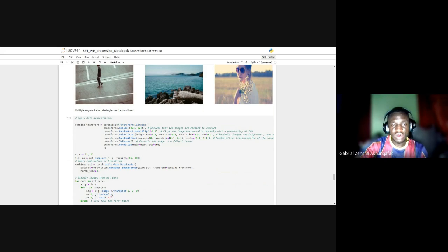It will be very common to see the first of the transforms being the resize transform. As I mentioned, this is to ensure that your input shapes match the input of your model. And you could have some other transforms like the horizontal flip, which we've seen above, the color jittering, affine transformation, converting them to tensor, and also the normalization transform.